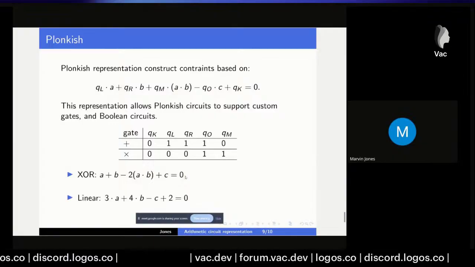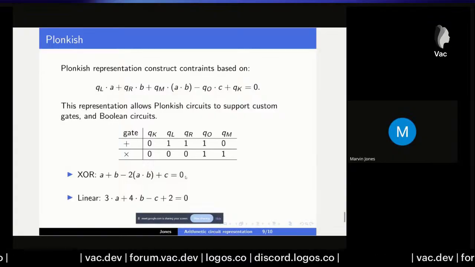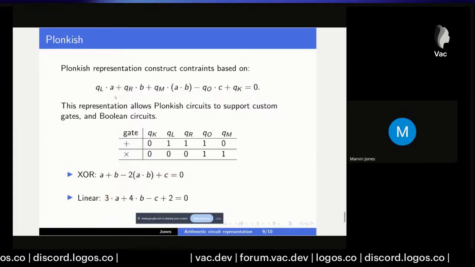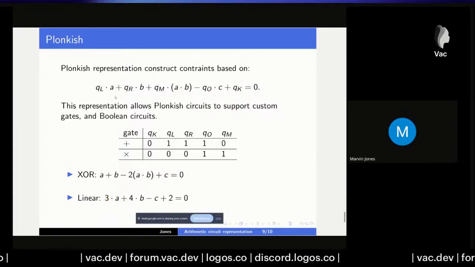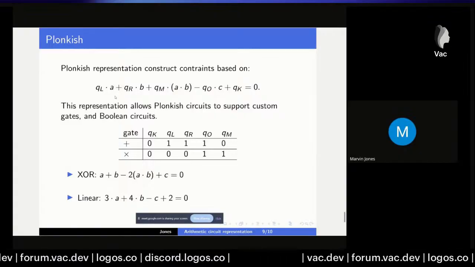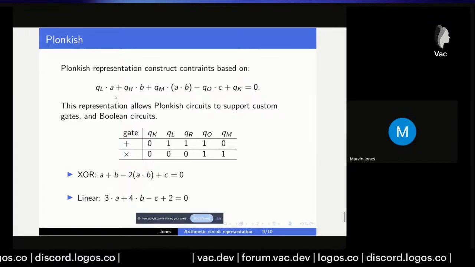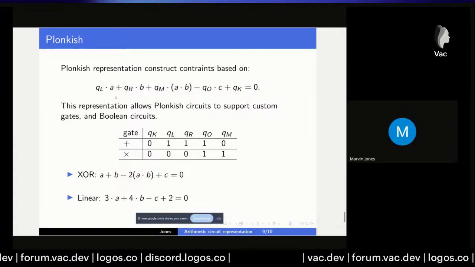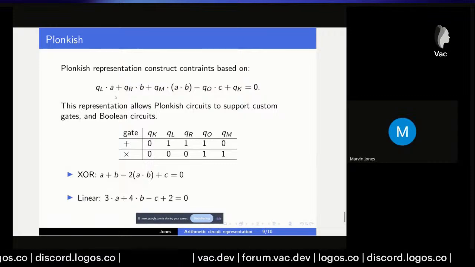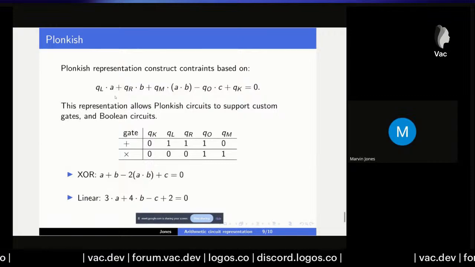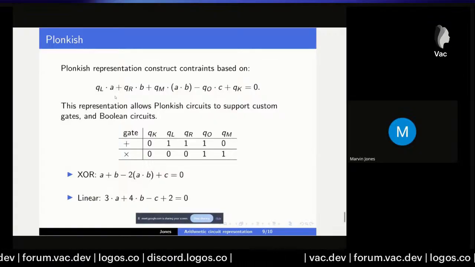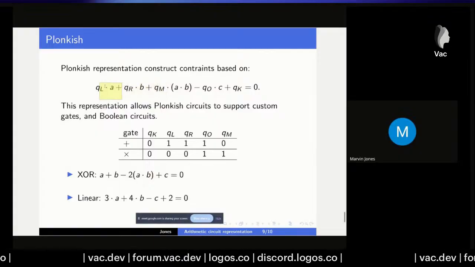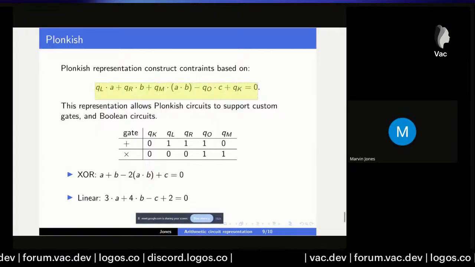And I can also write some weird linear expression as well, because there's no restriction essentially on what these coefficients QL, QR, QM, QO, and QK are. Now, if I had a bunch of these for our arithmetic circuit, I could go through and write each one out. I didn't, mainly because I wasn't convinced I would have the time. Sometimes questions are longer than others. But I could go through and write each of my gates as one of these.